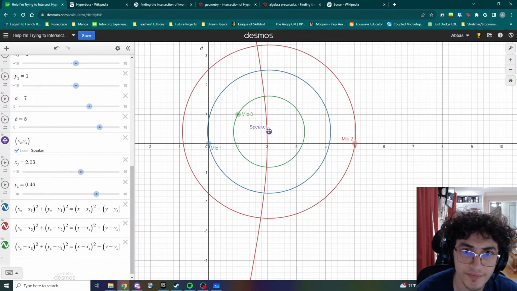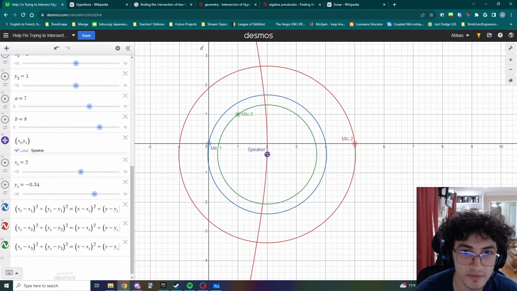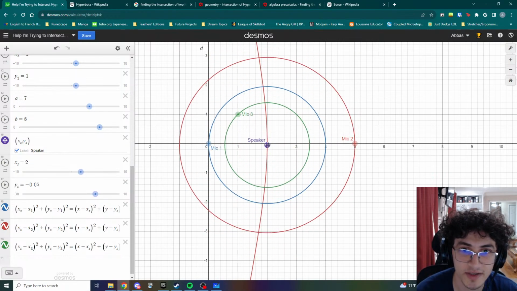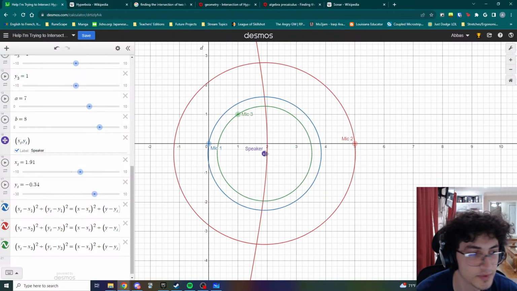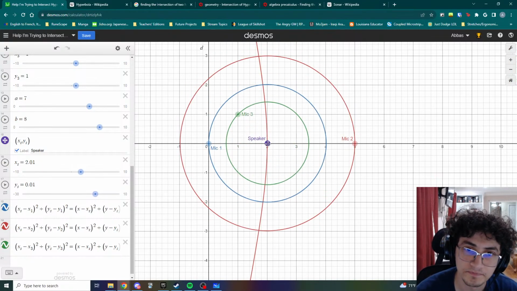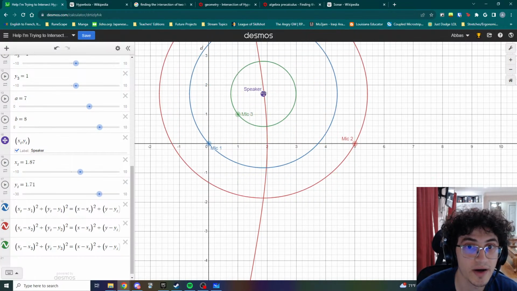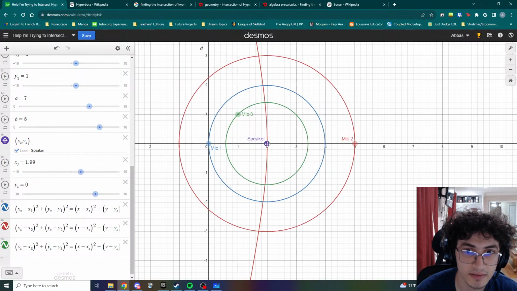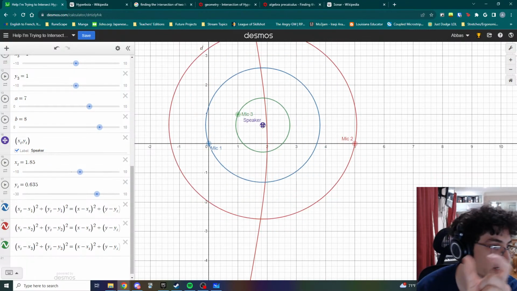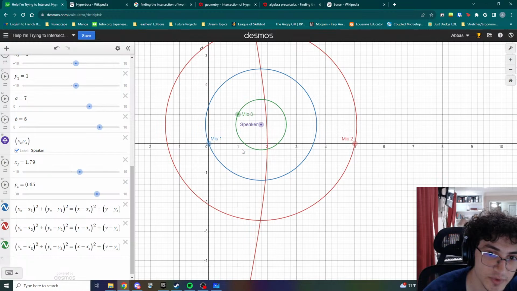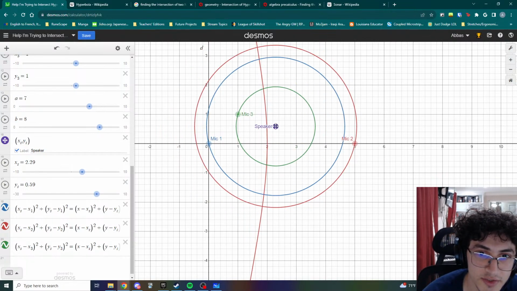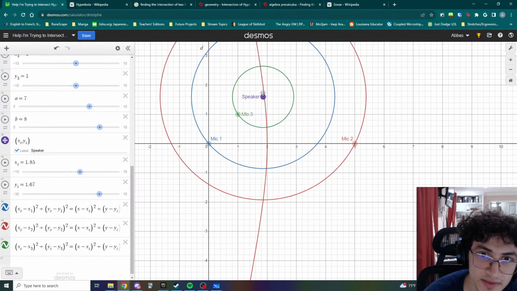All right, and look at that. That's beautiful. I don't want to look at my CPU usage right now, but look at that. Okay. And so now I need to know how long did it take? What's the difference in time? Because the radius between the green and the blue changes all over the place, even along this hyperbola.